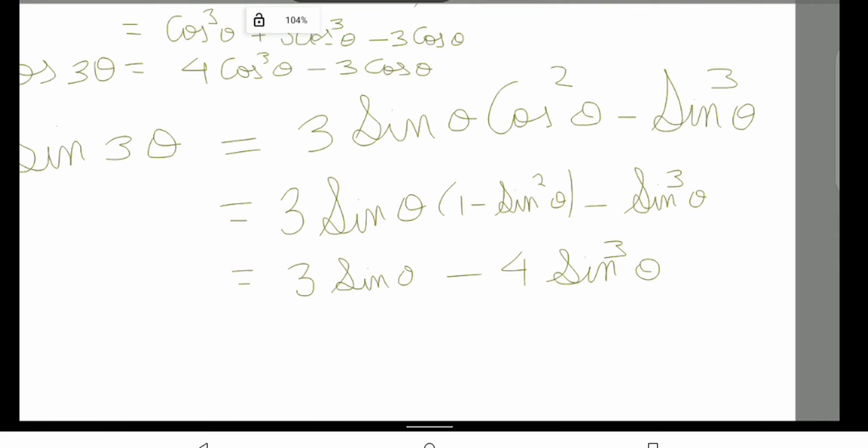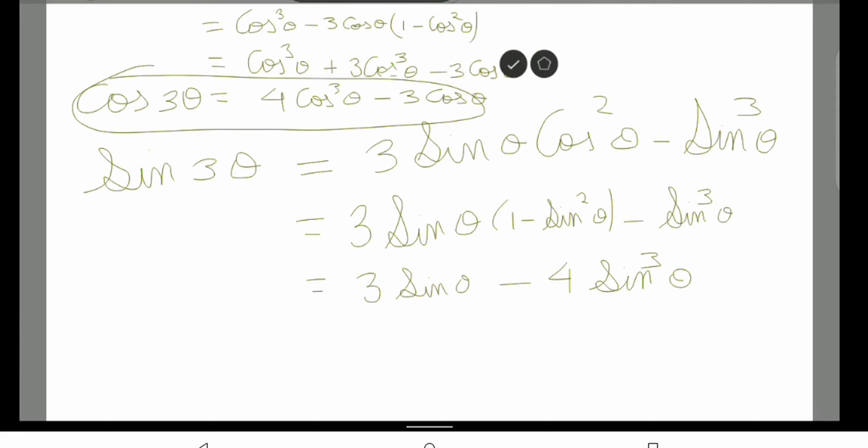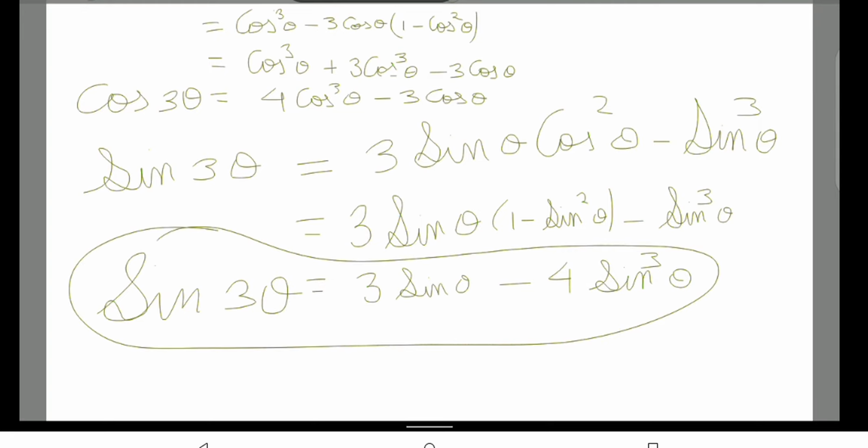So in fact, we have not just proved that cos 3a equal to 4 cos cube a minus 3 cos a, but we have also shown that sine 3a equal to 3 sine a minus 4 sine cube a. So we have proved both the trigonometric identities.